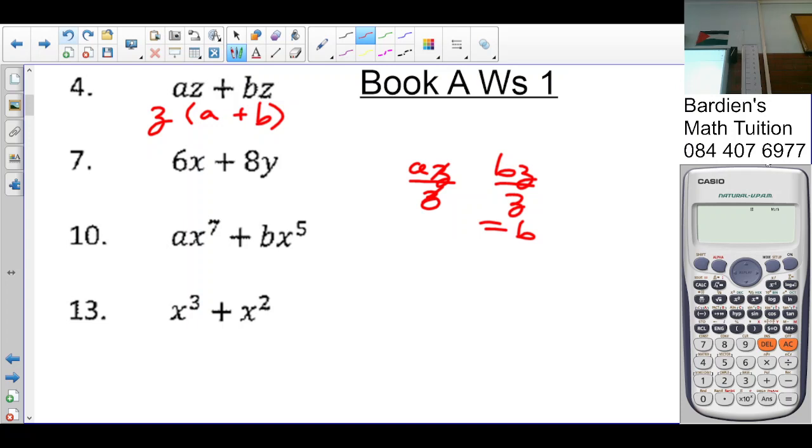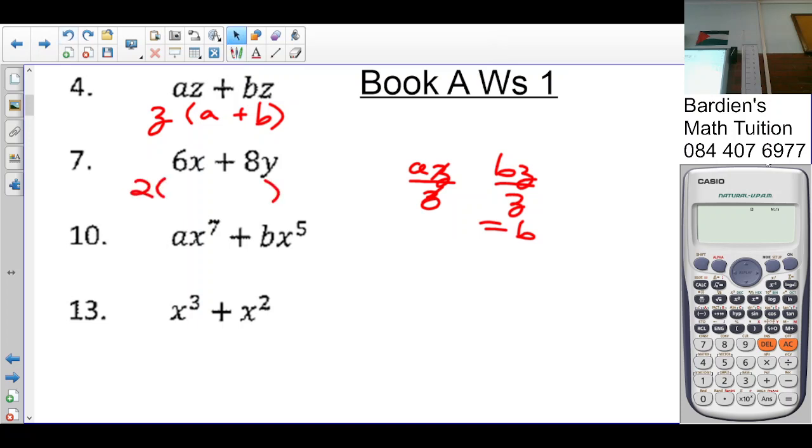Let's look at number 7. What is common there? The number is common. What number is common? What's the highest common factor between the two? 8? The biggest number that I can take out of both? 2. So take out 2 as a common factor.